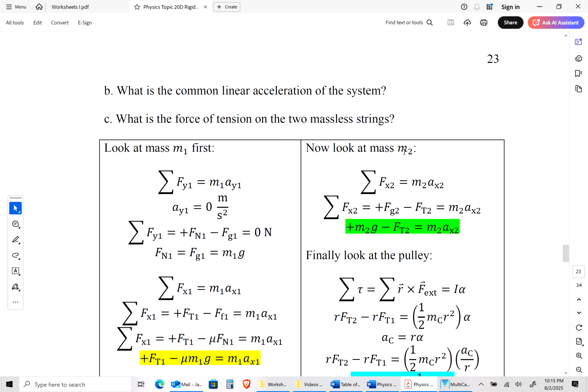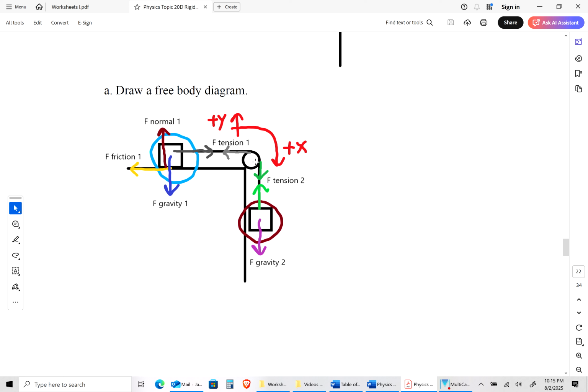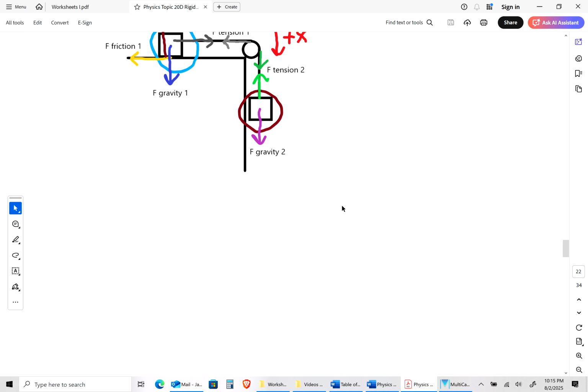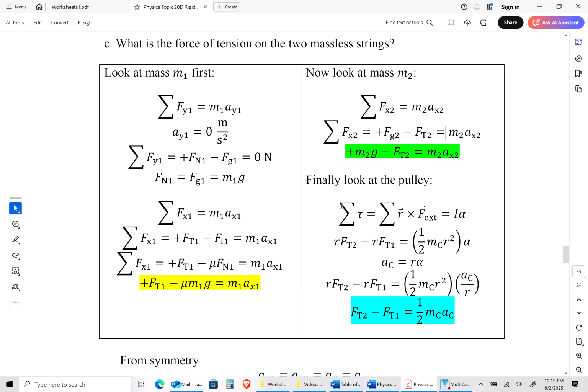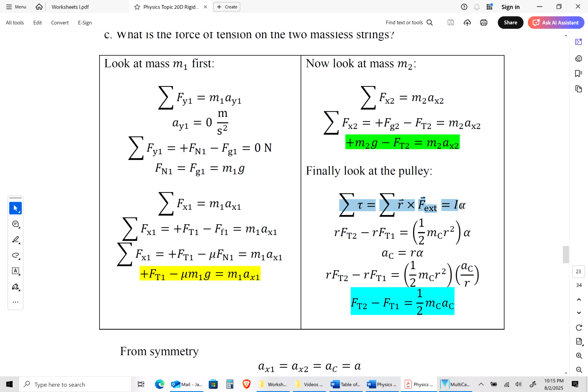Now finally look at this pulley. It's going to move clockwise, yeah? Sigma torque equals I alpha. So R Ft2 minus R Ft1 equals I, the moment of inertia of the cylinder, times alpha. Remember a equals R alpha, so substitute that in here.